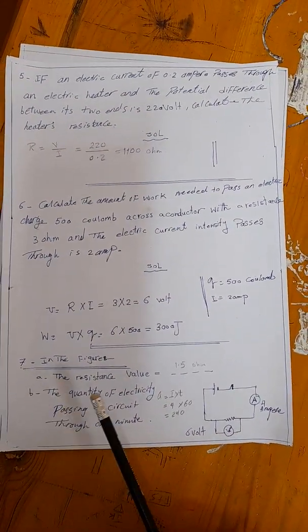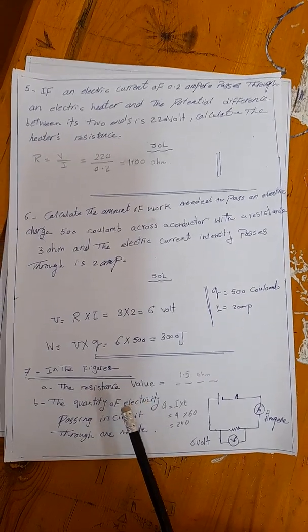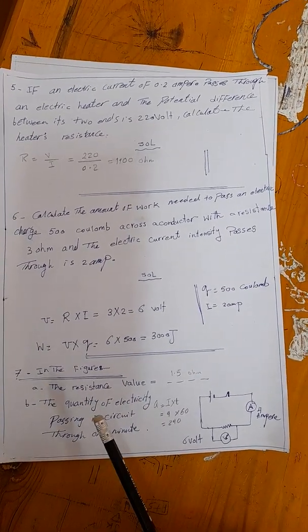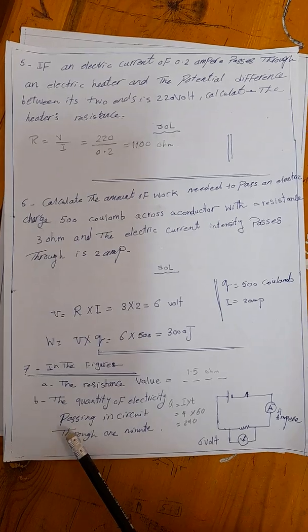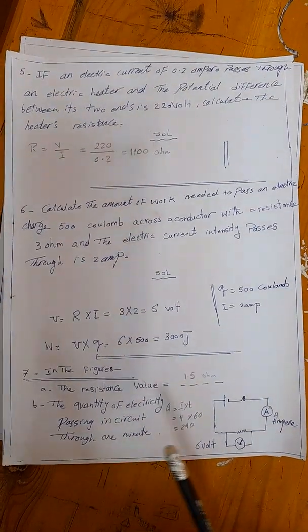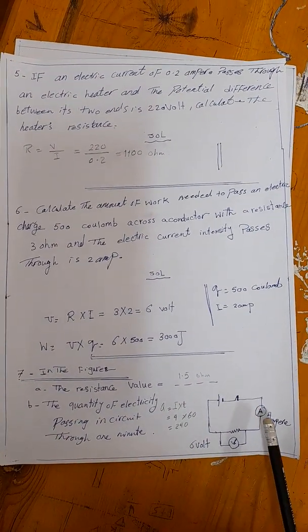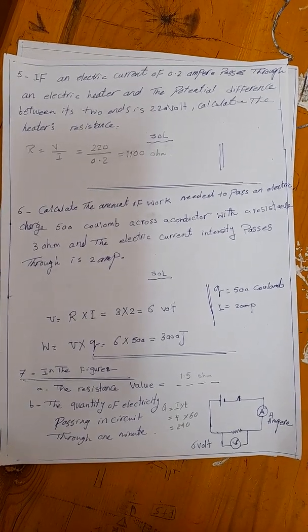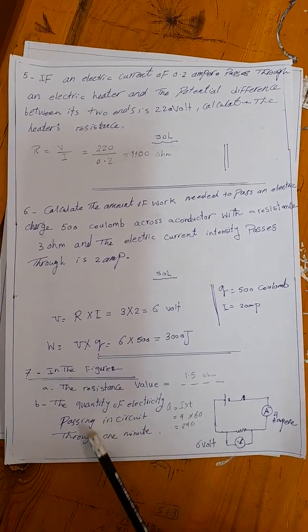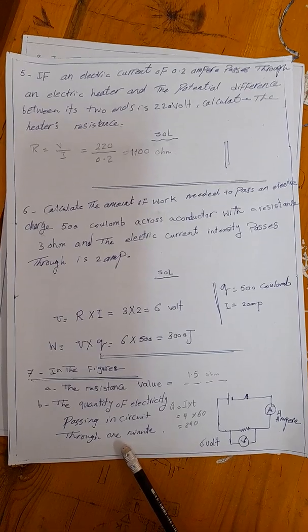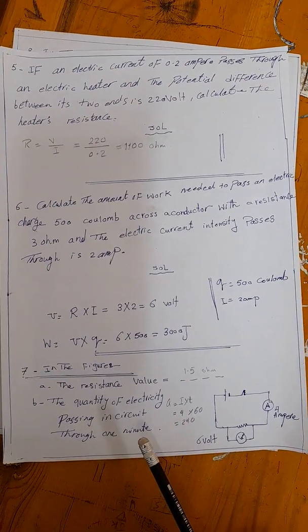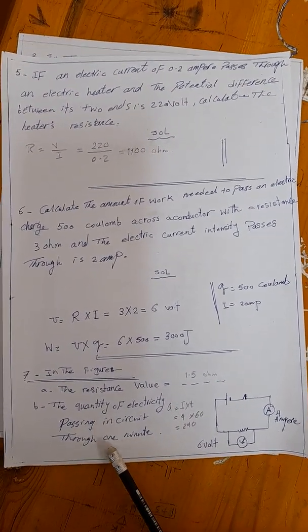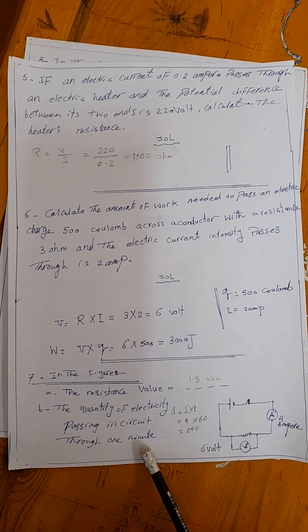Number B, the quantity of electricity, Q. Q equals I times T. I from the figure is 4 ampere. T is given as 1 minute, which should be converted first into seconds. 1 minute equals 60 seconds.